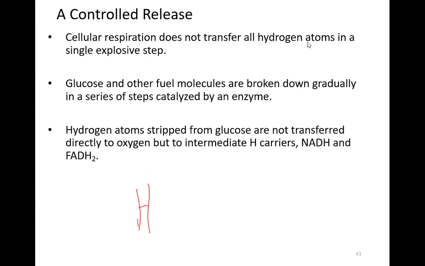Hydrogens have a positive charge. Electrons have a negative charge. Whenever an electron leaves, like in the case of the burning candle, when an electron leaves the wax, when we're breaking those bonds in the wax, it's going to drag along with it its best friend in the whole universe, a hydrogen.